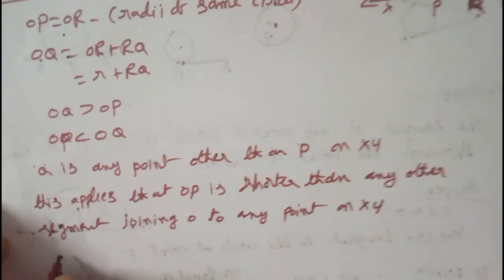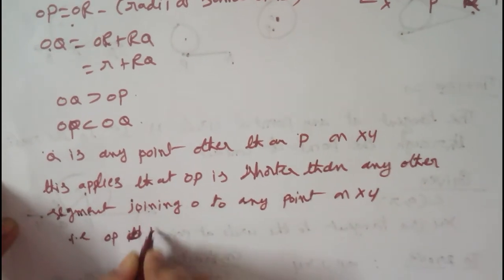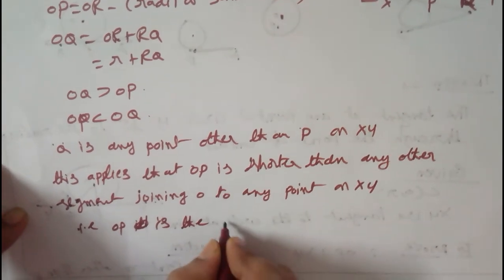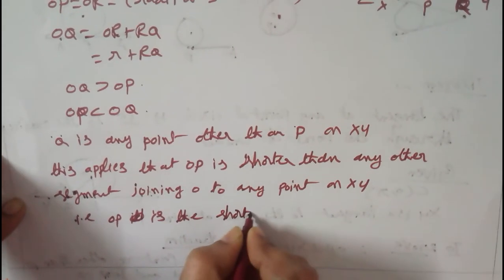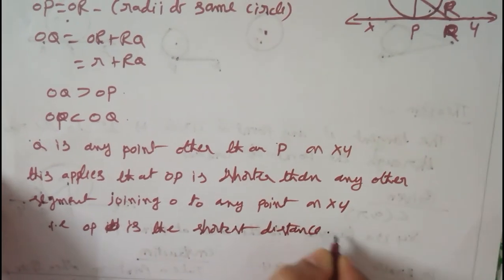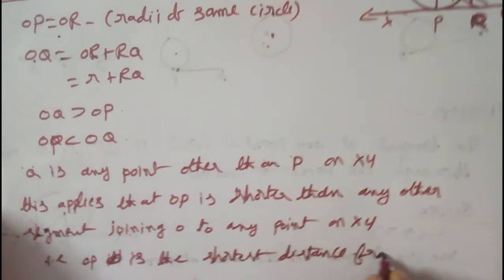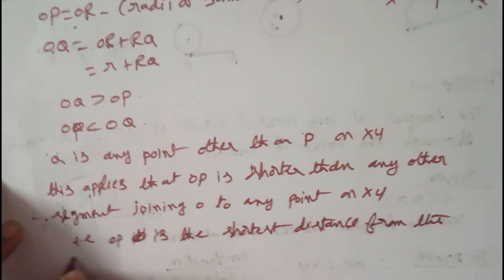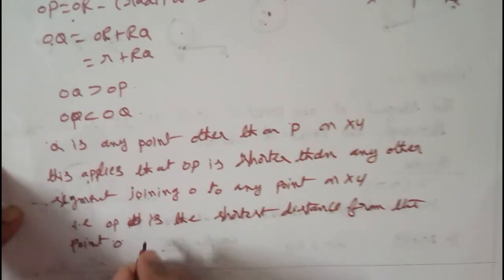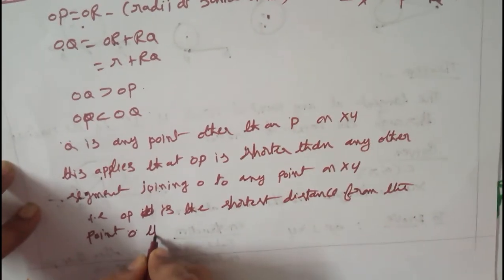That is, OP is the shortest distance from the point O to the line XY.